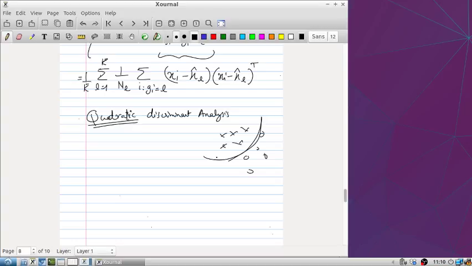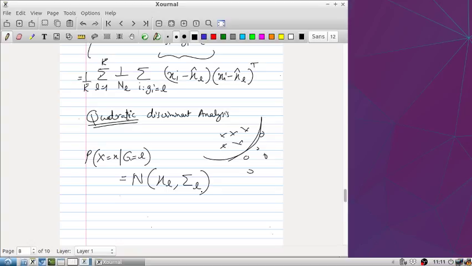And what is the change from LDA? The change is that you're going to assume that the probability of X equal to little x, given class G with label L, is also normally distributed with some mean mu L and a covariance matrix which is dependent on L. The difference between quadratic discriminant analysis and linear discriminant analysis is that there is a subscript L, in the sense that there's a class specific covariance that I should compute.